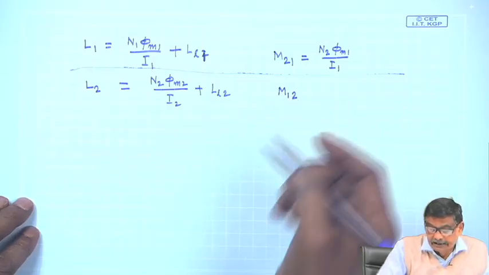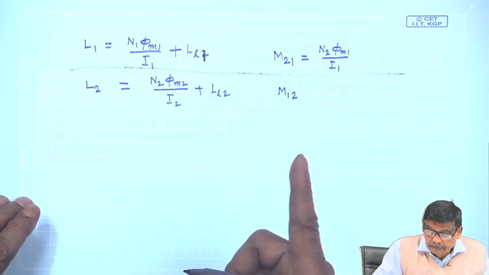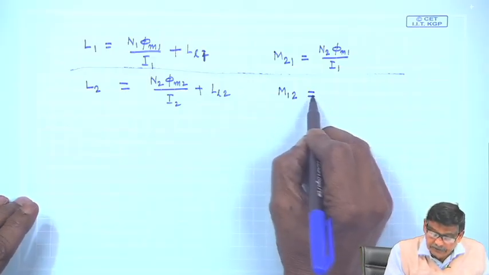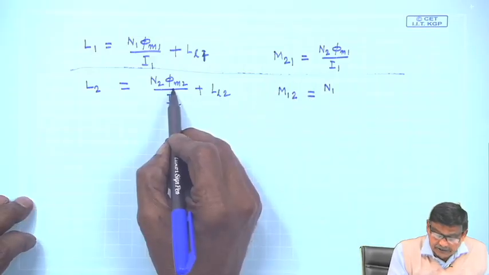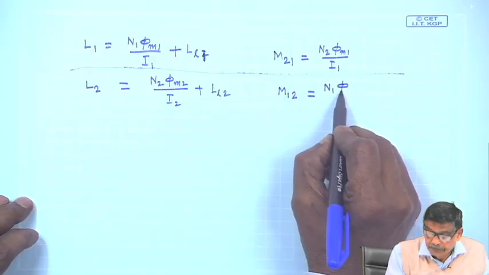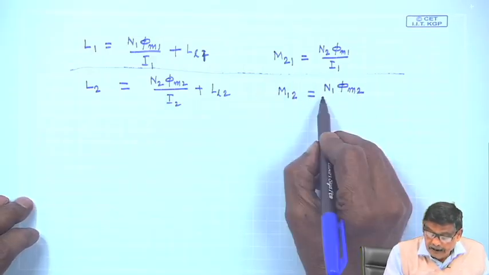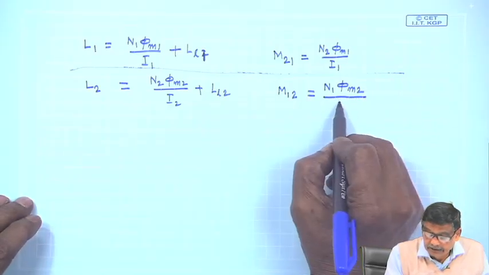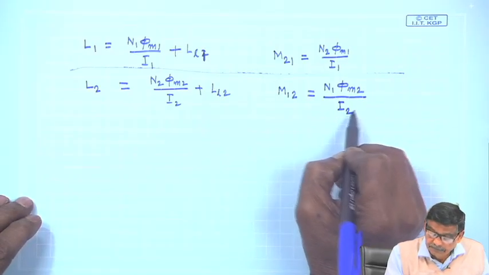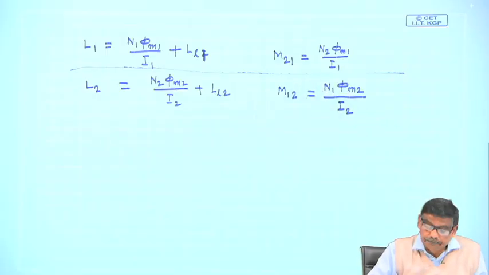I will write it as M 1 2. This is the flux linkage with the first coil, N 1, and the mutual flux this time is phi m 2, divided by I 2, per unit ampere flowing in the second coil.